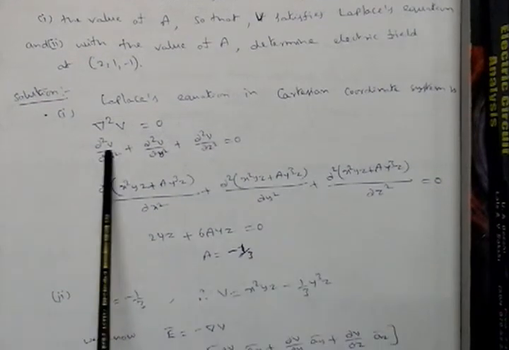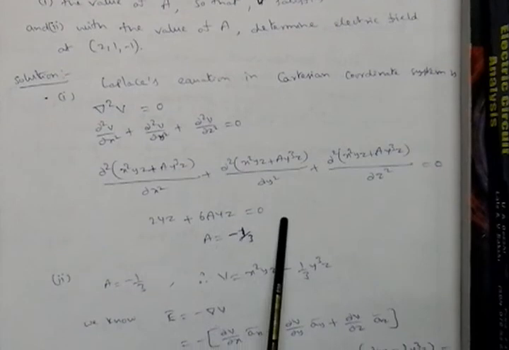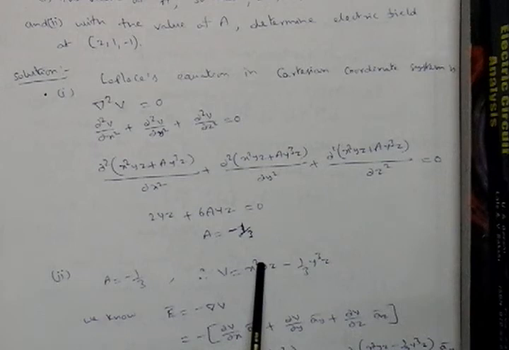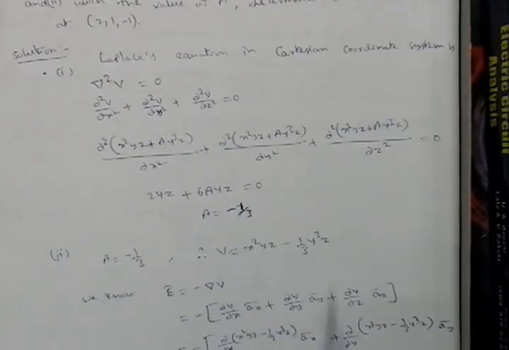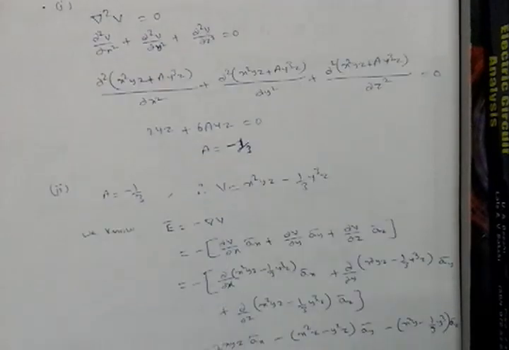Substitute V in these three terms, and finally you will get the value a is equal to minus 1 by 3. Substitute this a is equal to minus 1 by 3 in the V expression, then you will get the complete expression for V. Using this V, we can determine E bar. E bar is equal to minus del V. Once again, del V formula in which coordinate system?